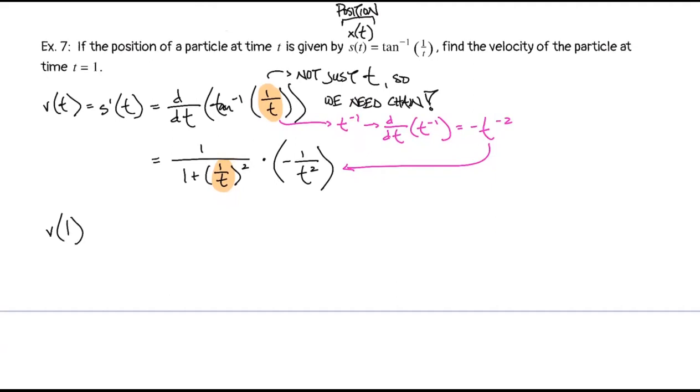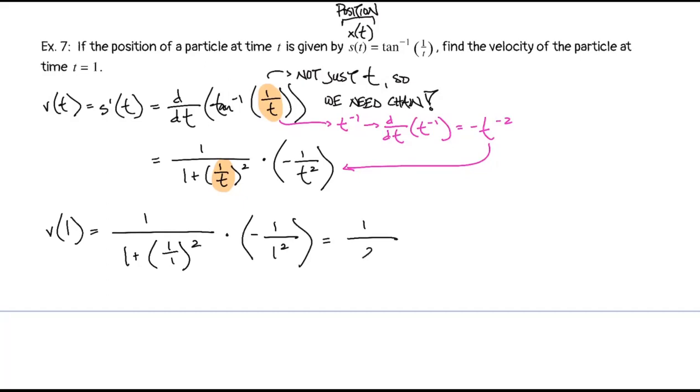So v of 1 is gonna be 1 over 1 plus 1 over 1 squared, times negative 1 over 1 squared. And we do a little bit of mental math here. 1 over 2 times negative 1 will leave us with negative 1/2. Okay.